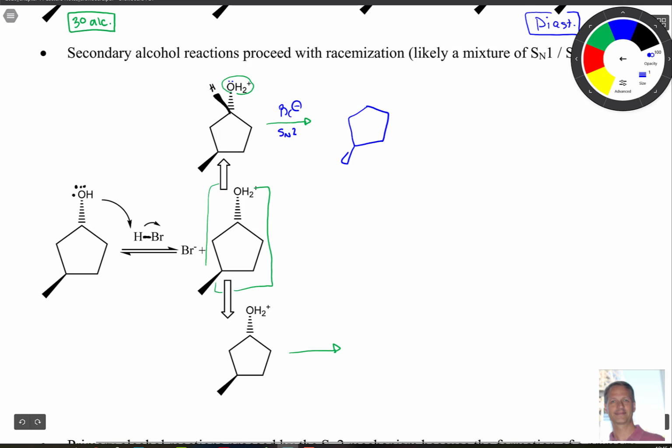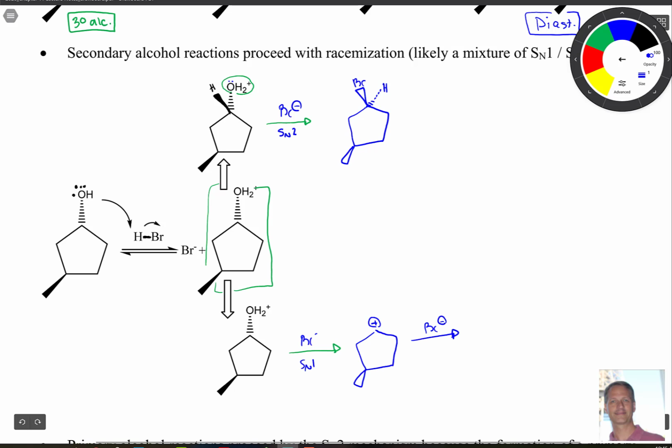That H is going to get pushed backwards, and you're going to be left with a bromo group pointing out here in the front. Now if you're doing the SN1 route, what would form is this planar carbocation.